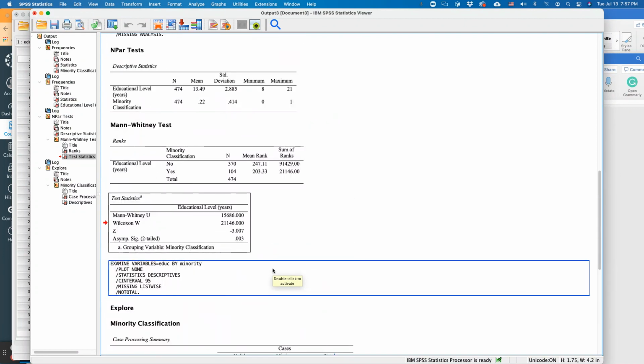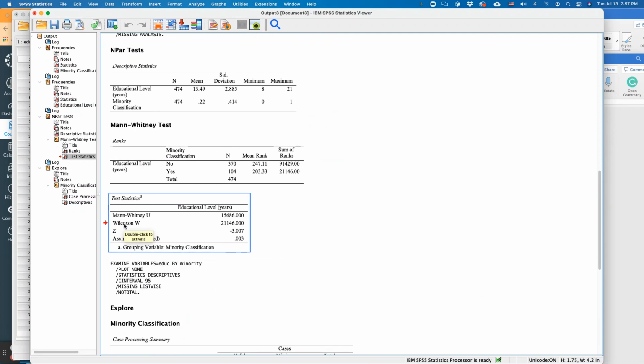And the Mann-Whitney U determined that the difference between those two medians is statistically significant, based on the fact that the z-score is minus 3.07, and it has a p-value of 0.003. So there you have it. That's your Mann-Whitney U test.